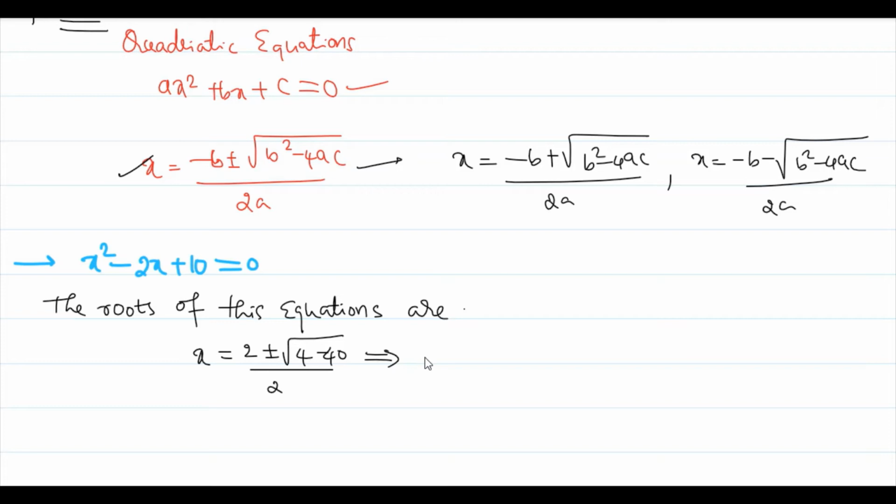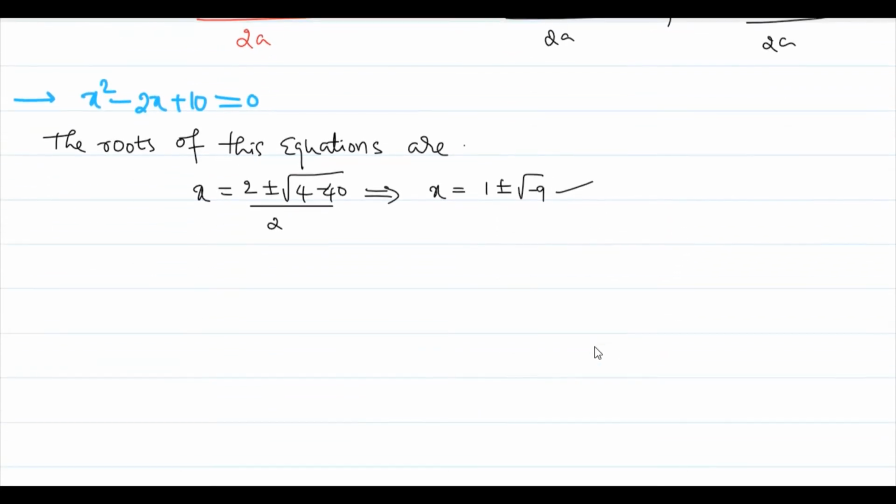If you solve this, we get x is equal to 1 plus or minus square root of minus 9, right? So the first root is 1 plus square root of minus 9, and the second root is x equal to 1 minus square root of minus 9, right?